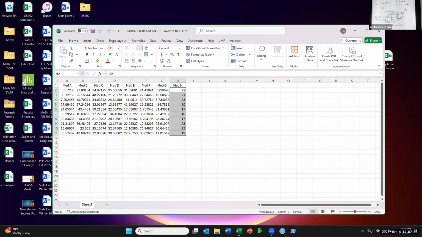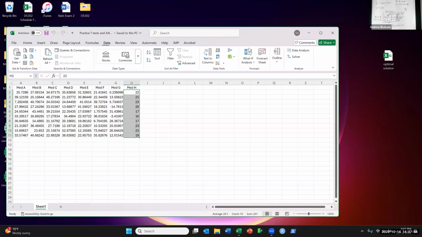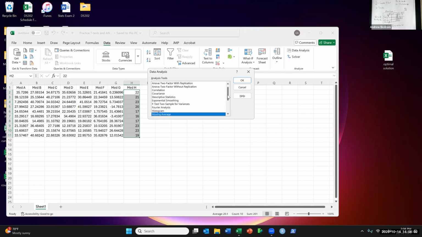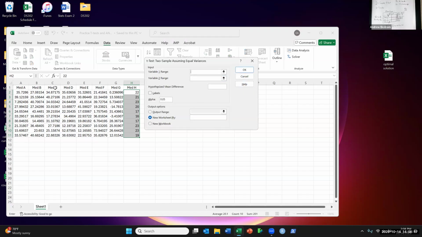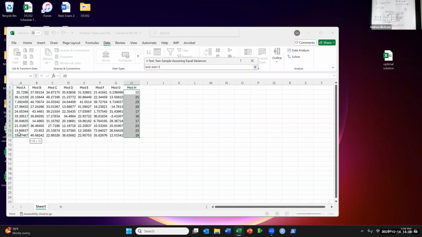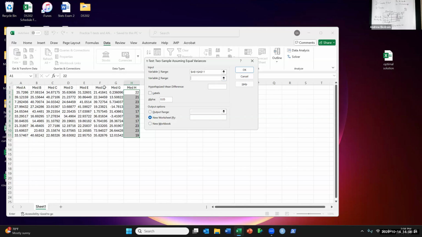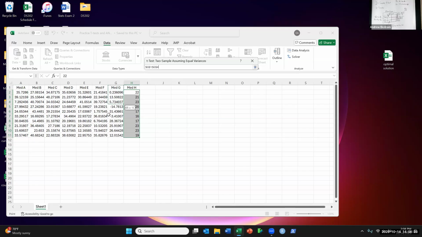But I can come on here, go to data analysis, and do a two sample t-test assuming equal variance. ANOVA, again, we have to assume there's equal variance here. So I can click on OK. And I'm just going to say medication A versus, let's see, I think it's, no, medication F here.